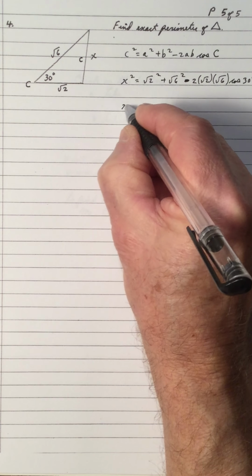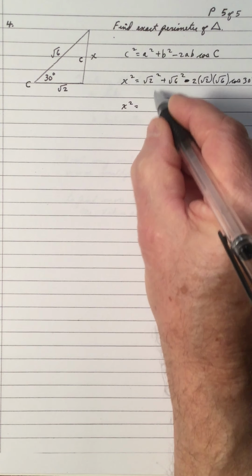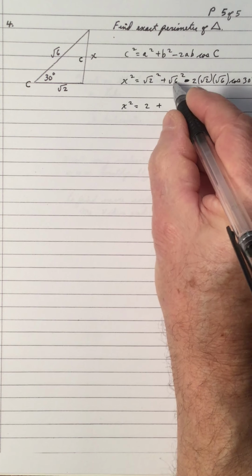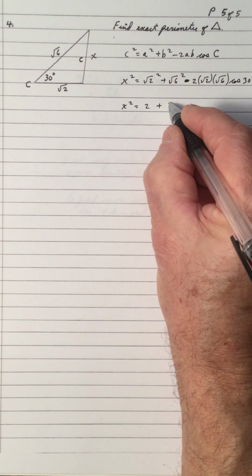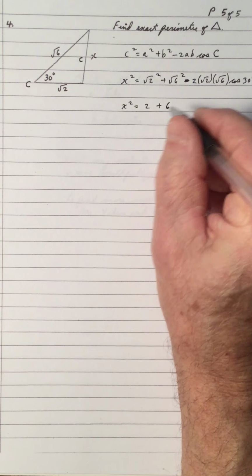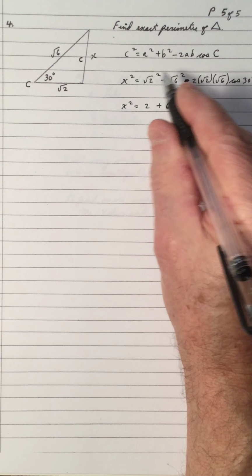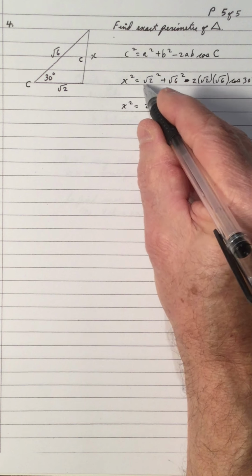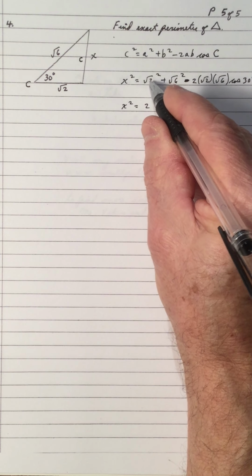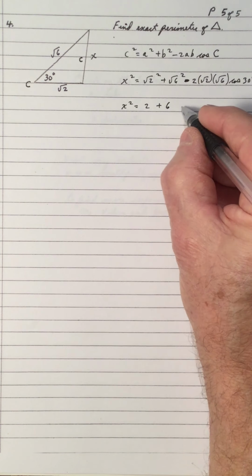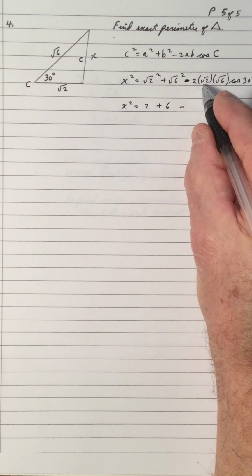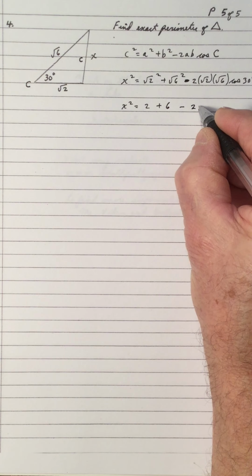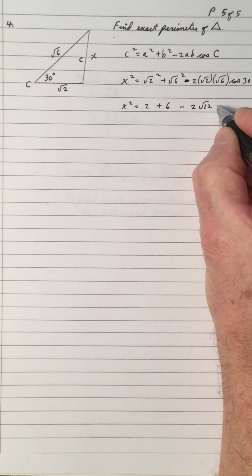So x squared is equal to root 2 times root 2 is 2. Root 6 squared is root 6 times root 6, which is 6. Any square root squared is whatever's underneath the root. And we multiply these, and I'll get 2 root 12.